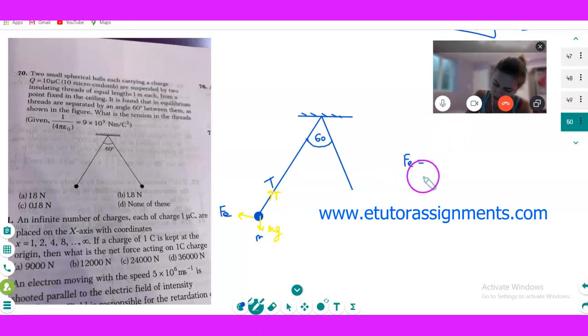Fe is equal to K Q1 Q2 divided by L square. This L is 1 meter.